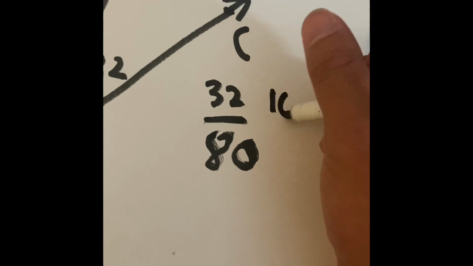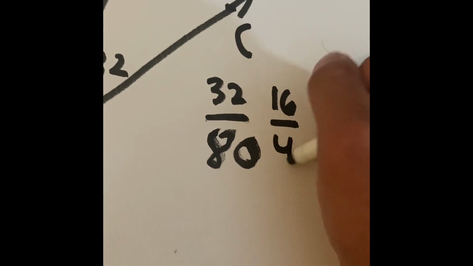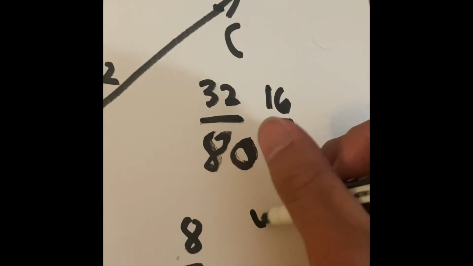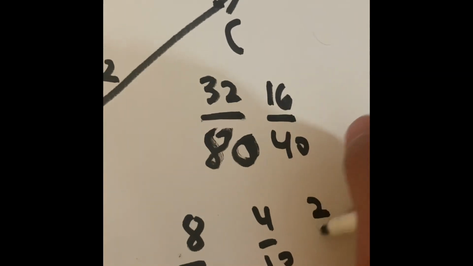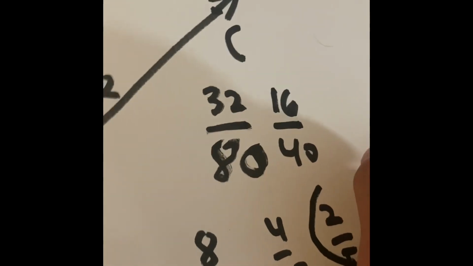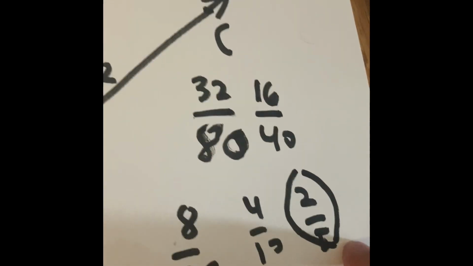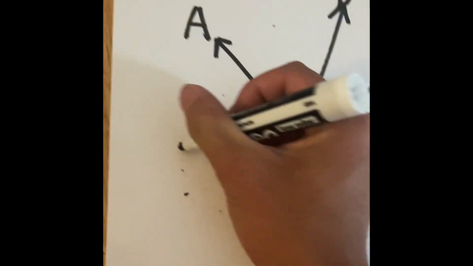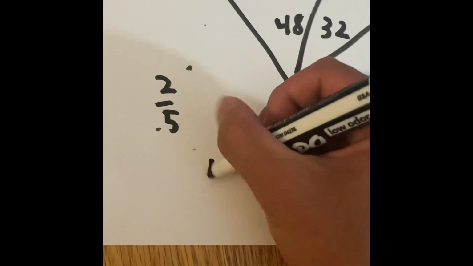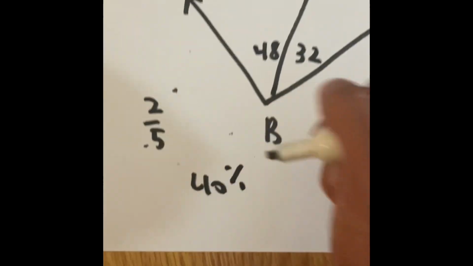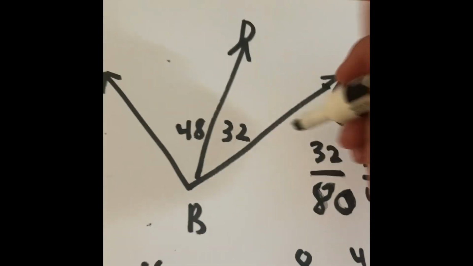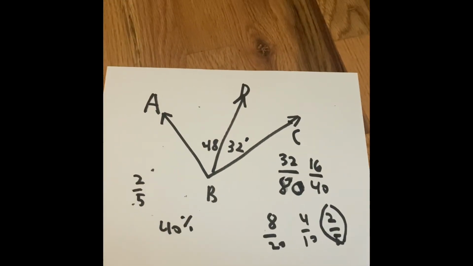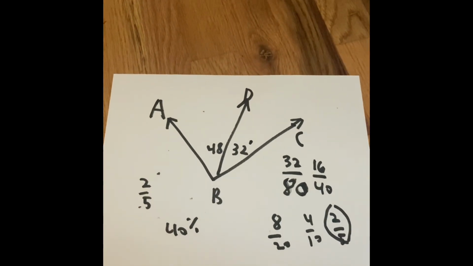So you can simplify it to 16 over 40, then 8 over 20, 4 over 10, and finally 2 out of 5. 2 out of 5 is the simplest answer as a fraction. As a percent, you would have a 40% chance of landing in DBC, the 32-degree area. So that is one more way you can calculate probability.